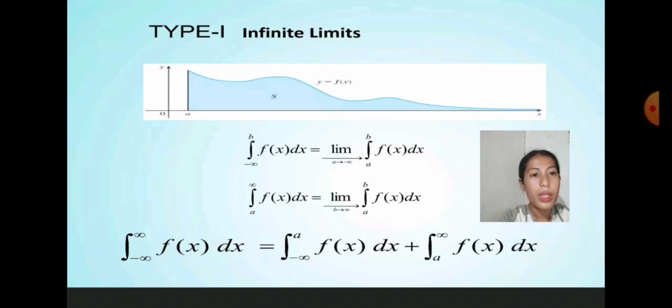And the integral of f(x) dx from negative infinity to infinity is equal to the integral from negative infinity to a plus the integral from a to infinity.